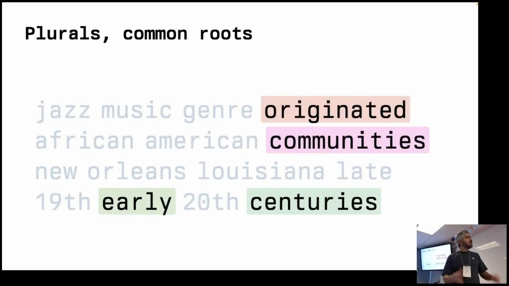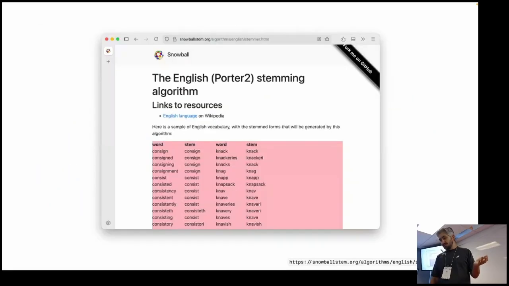Then we get to more advanced cases. For example, if we look at words like originated, communities, early, centuries in the document itself, those are plurals. But if I search for century or community, singular, I might want to get results for this document. The strategy used here is algorithms called stemmers.